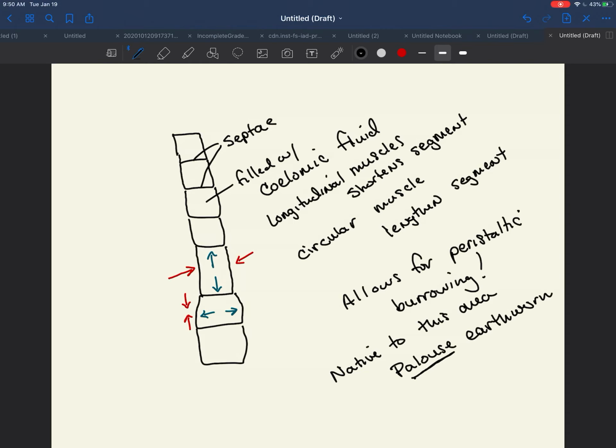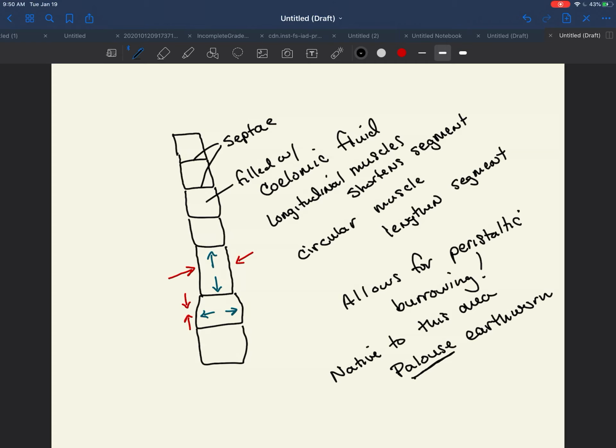And so the Palouse earthworm, when it was native, all of that land was covered in prairie, flowers, grasses, and it's very deep soil, which makes it really good for wheat. The Palouse earthworm could burrow very deeply. So its burrows were much deeper than what we have with the non-native species.